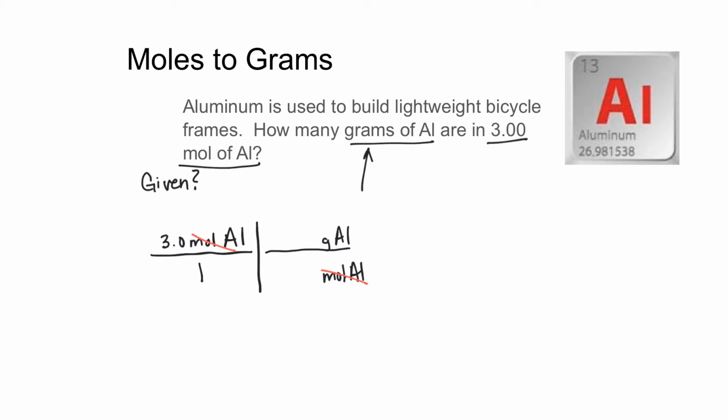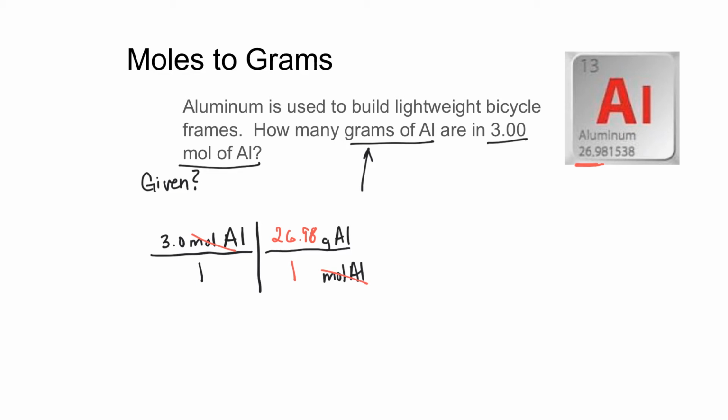So let's find the molar mass of aluminum. Since it's just aluminum, we're just looking for the molar mass of an element instead of a compound. So our molar mass of aluminum is 26.98. So we would write 26.98 here, and that's equal to 1 mole.